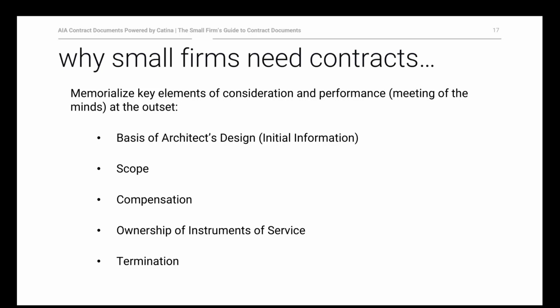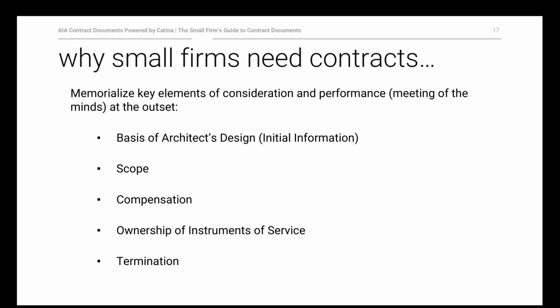Well, who owns them? Sometimes owners believe that simply because they're paying for the architect's services, at the end of the day, they own all of that intellectual property that is otherwise found in the instruments of service. And so it's important to have some contractual terms around who actually owns the intellectual property.